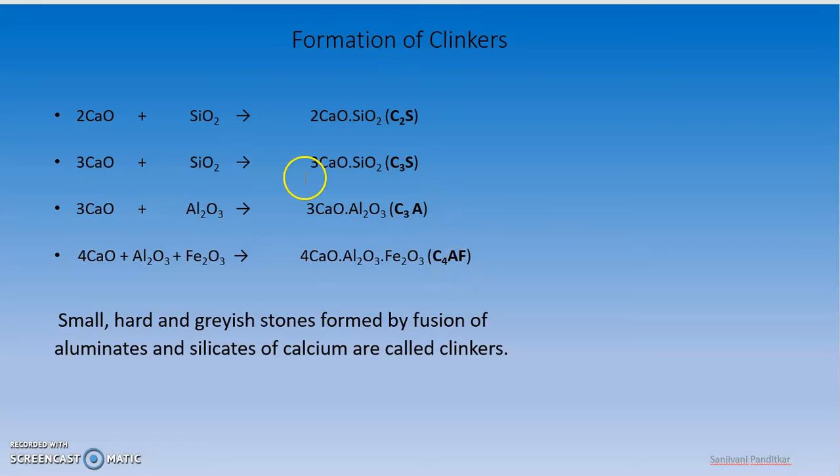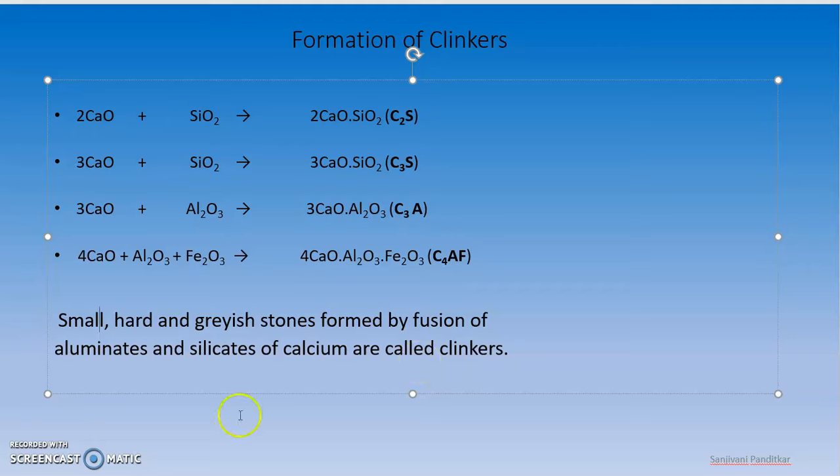These products are formed in the clinkering zone. These calcium aluminates and calcium silicates are fused together and form small hard greyish stones known as clinkers. So clinkers are small hard greyish stones formed by the fusion of aluminates and silicates of calcium.